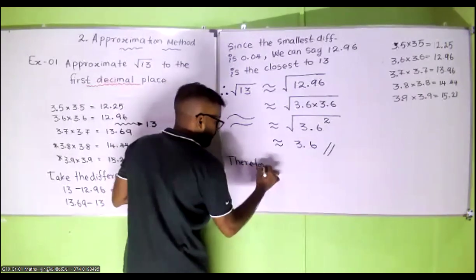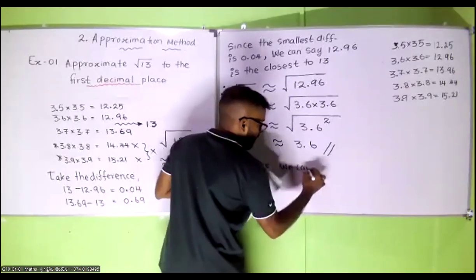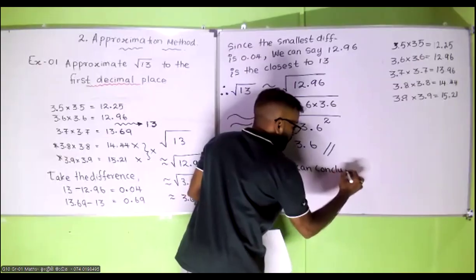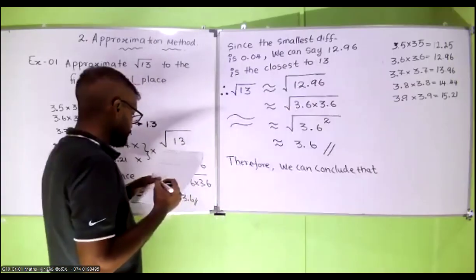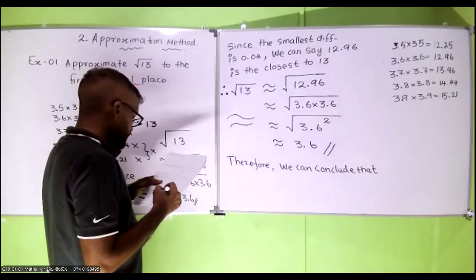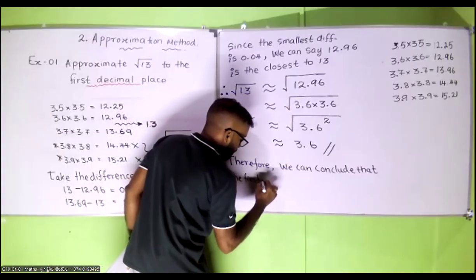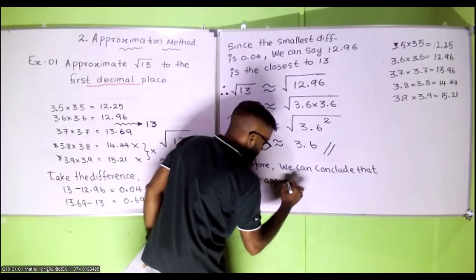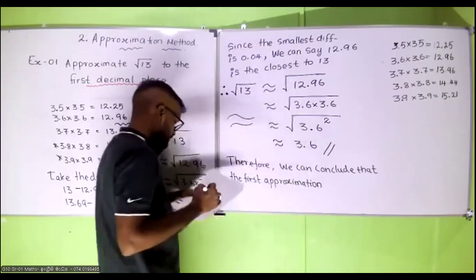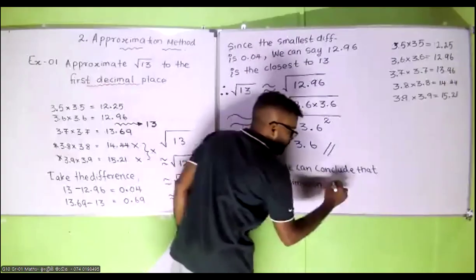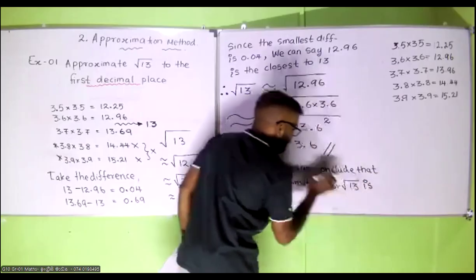Therefore, we can conclude that the first approximation for square root 30 is 3.6.